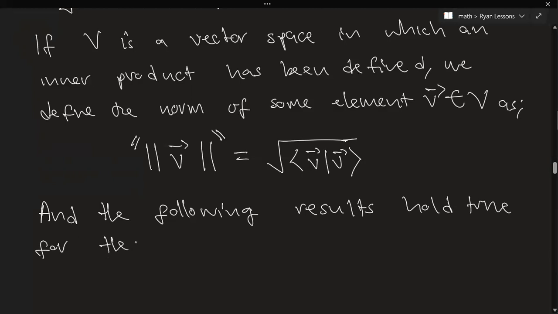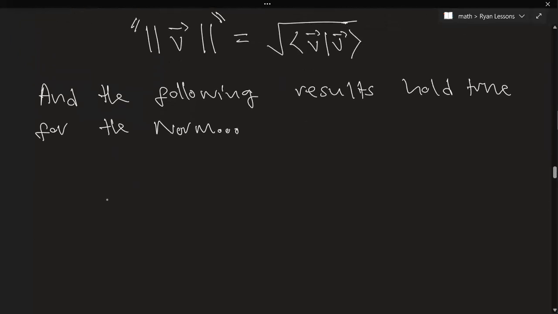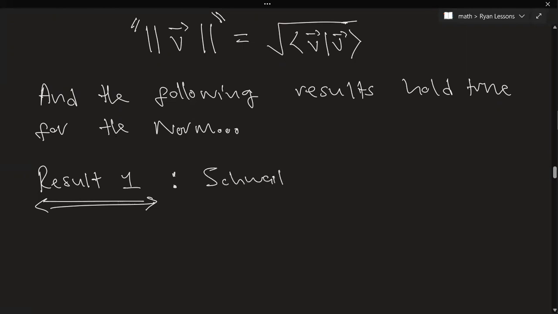for the norm. So for this quantity that we call the norm, there are certain results that hold true for it that can be proved. Result one is called the Schwarz inequality.